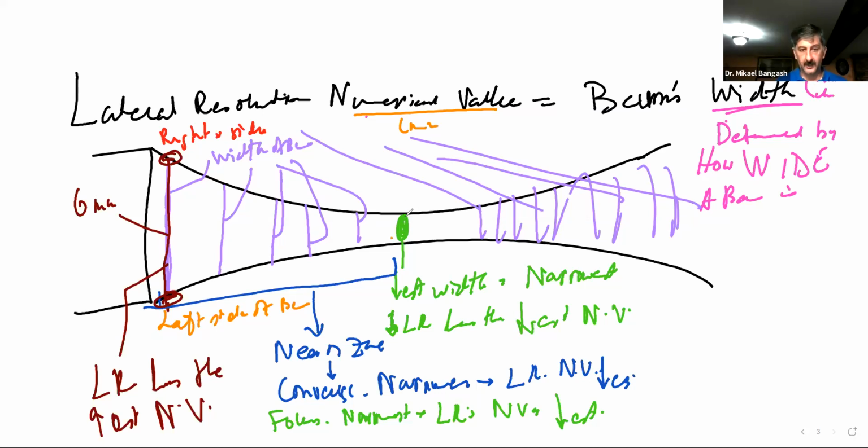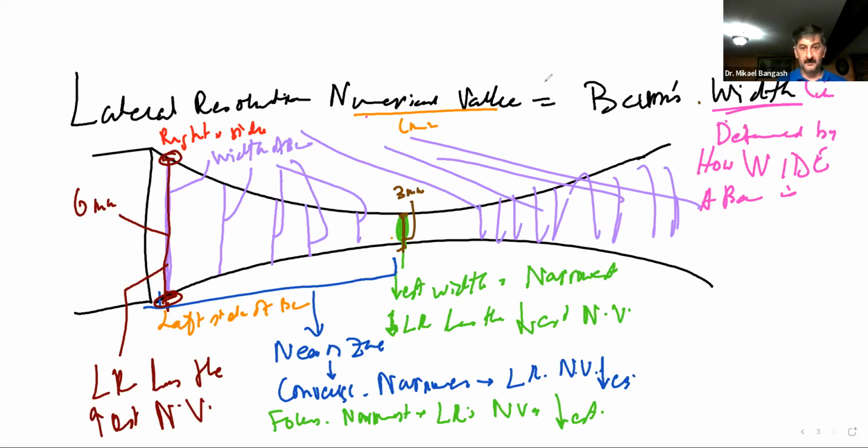So this distance here, the width of the beam at the focus, is going to be 3 millimeters, where the width of the beam at any point is the numerical value of the lateral resolution.